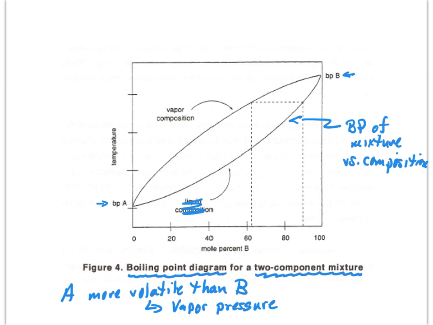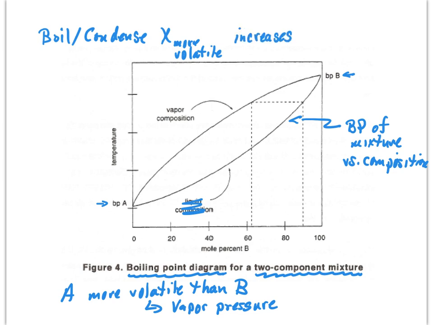It's only, say, 62% B, which means it's now 38% A. And so that represents, if we boil our liquid and then we let the vapor condense, we will get a new liquid with this composition, with more A and less B. So every time we boil and condense, the mole fraction of the more volatile component, which in this case was A, increases. And that's the basis of distillation.